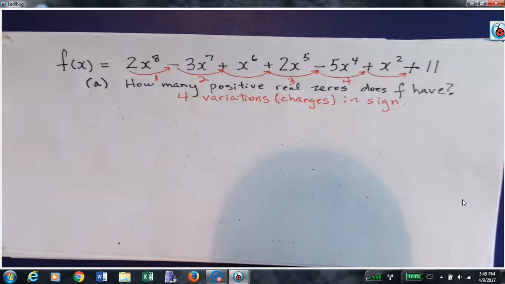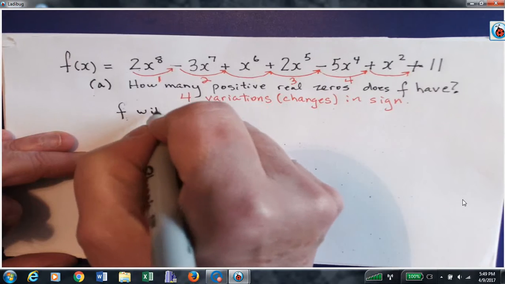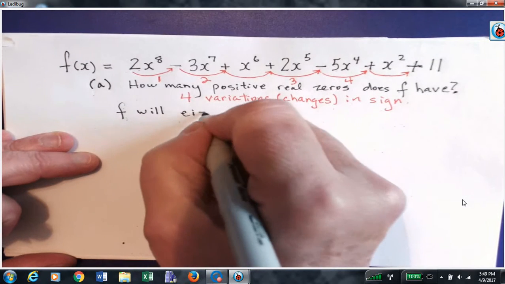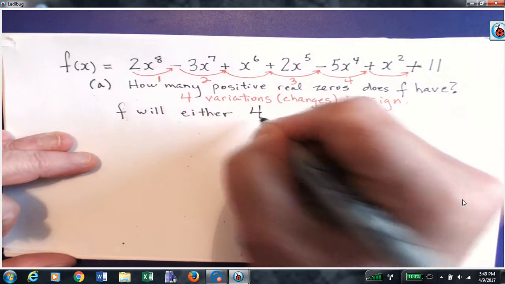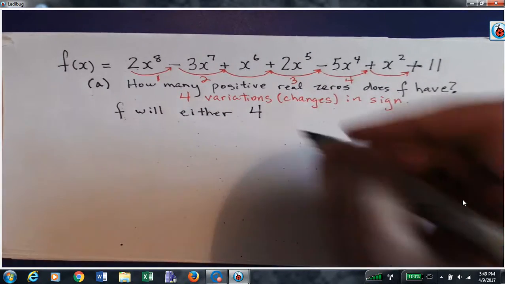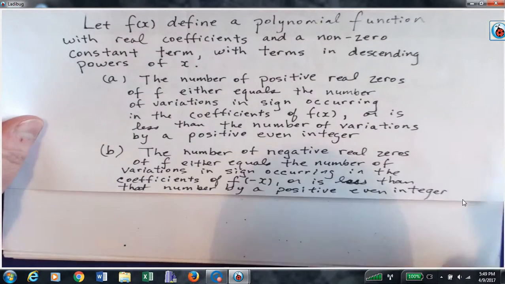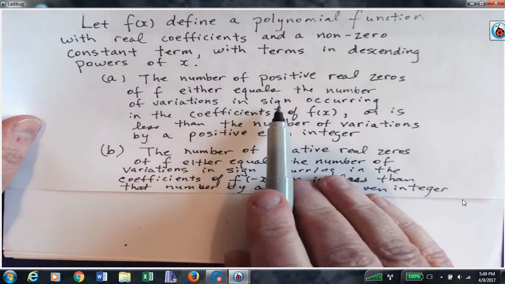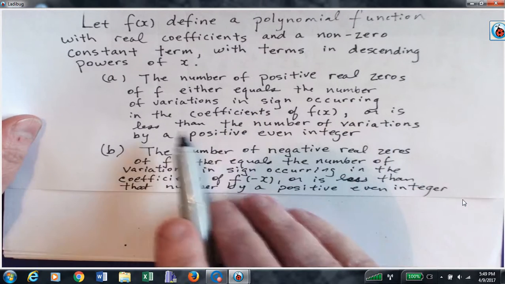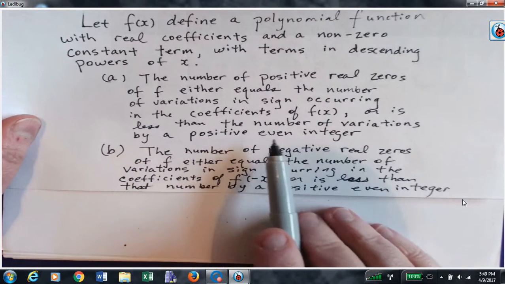Okay, so what does that mean? Well, it means f will have either 4 positive real zeros, or, let me put the rule back up here. So it either equals the number of changes in sign, which was 4, or is less than that number of changes by a positive even integer.